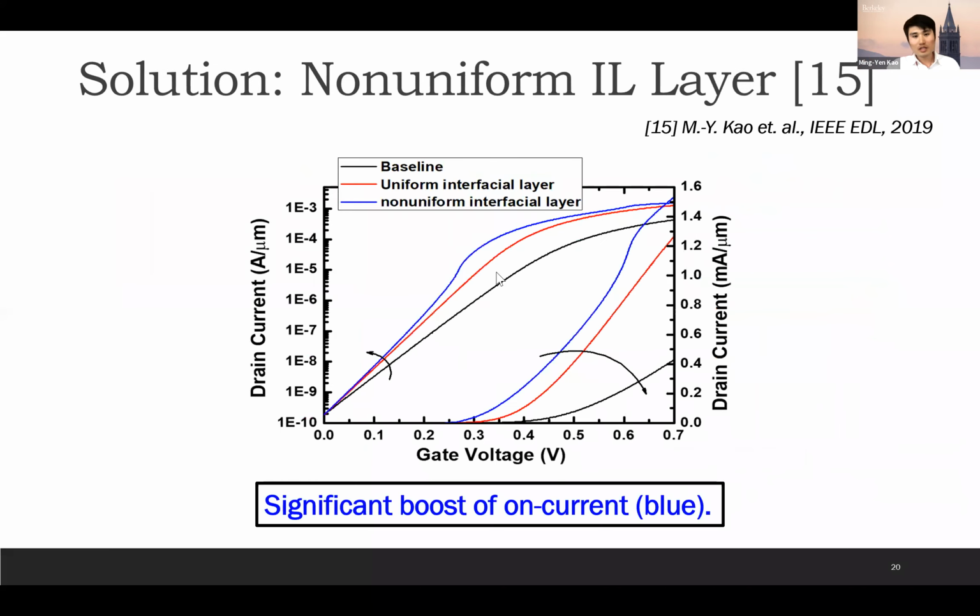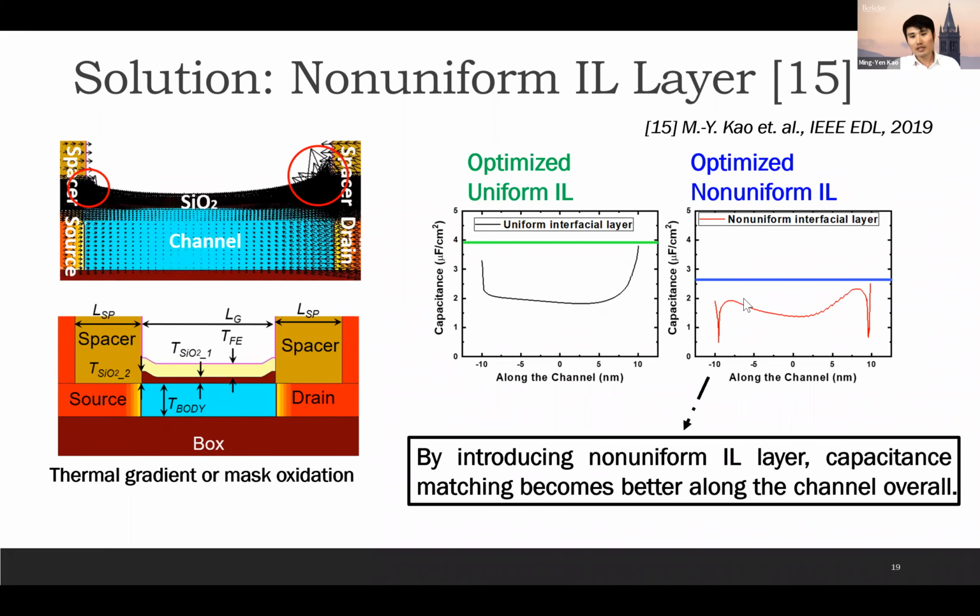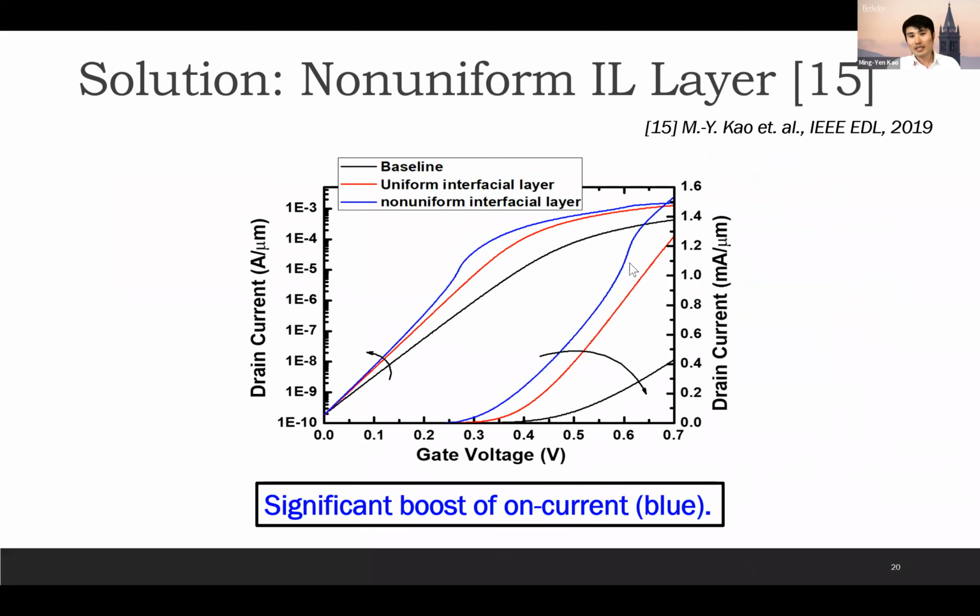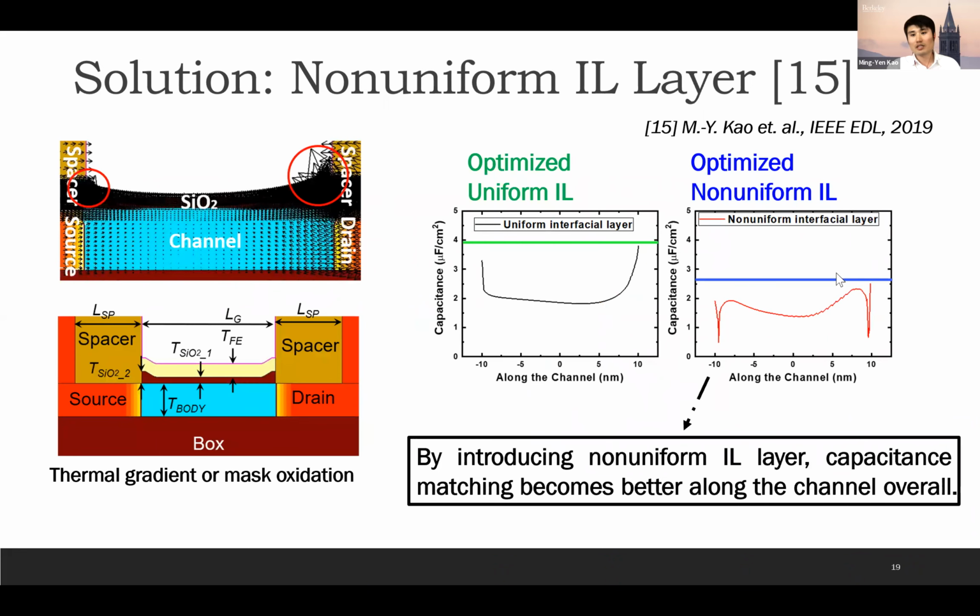So the first kink is coming from this good capacitor matching at this region, and the second kink in this linear scale at around 0.55 gate voltage is happening because of the starting of the inversion here. That's the origin. At that time I dug into the TCAD output structure, looked at the physics, and found out that that's the point.